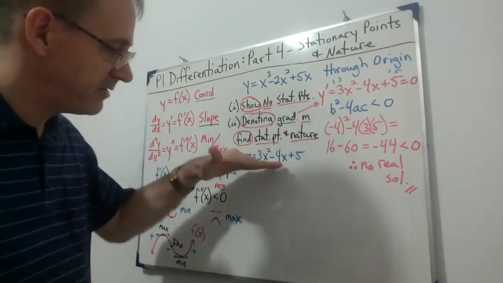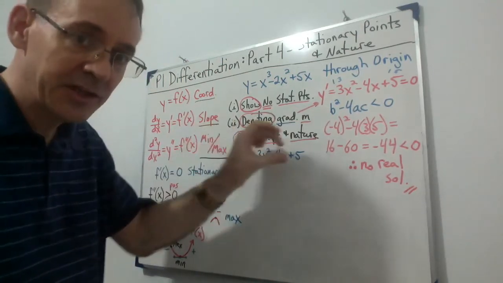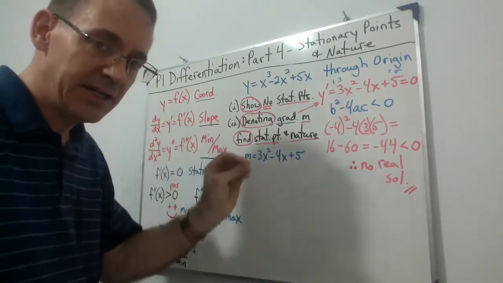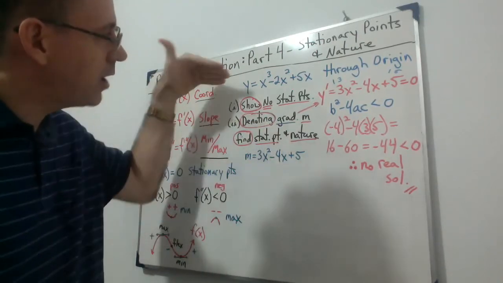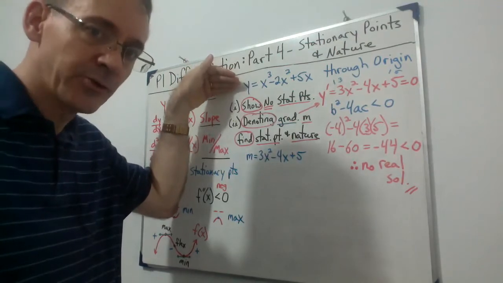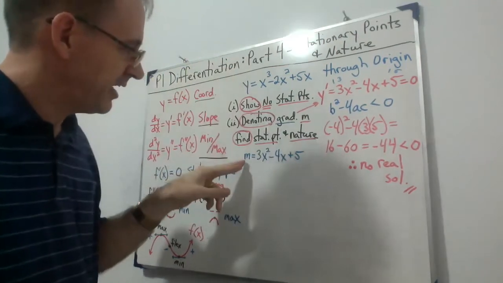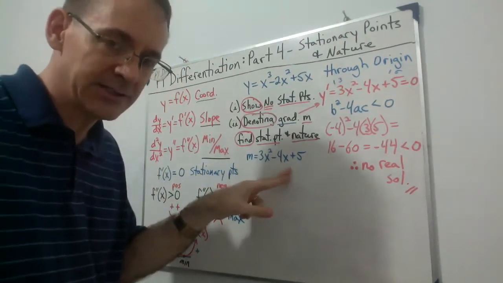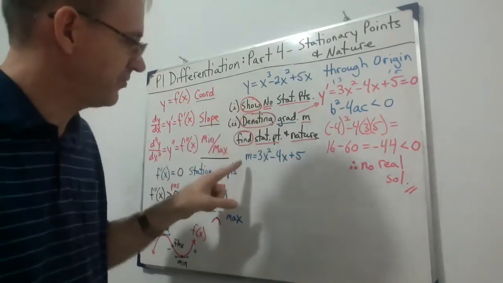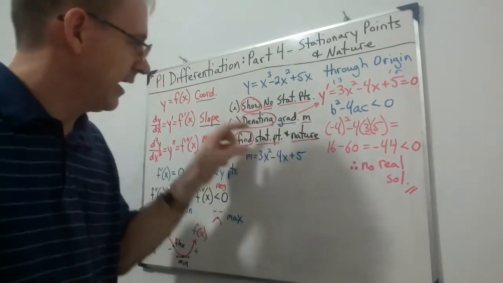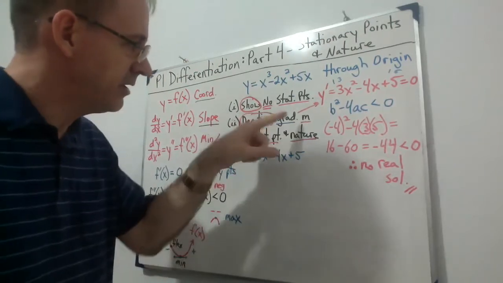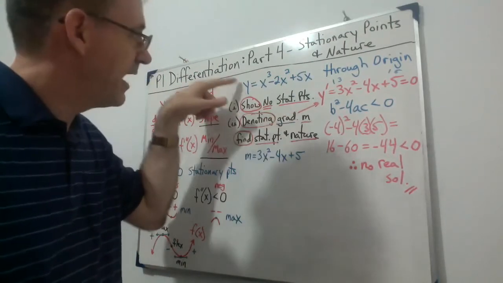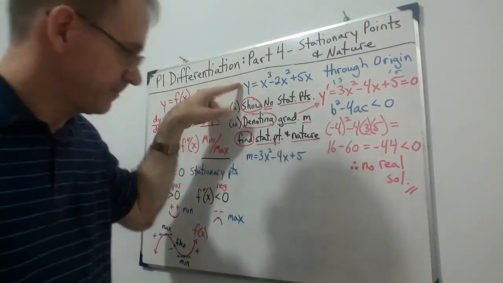We want to find the stationary point of this newly notated function. We are no longer dealing with the original function because it has been redefined for us. So this denoting has to do with notation. And the stationary point and nature are of m, not of our f of x.